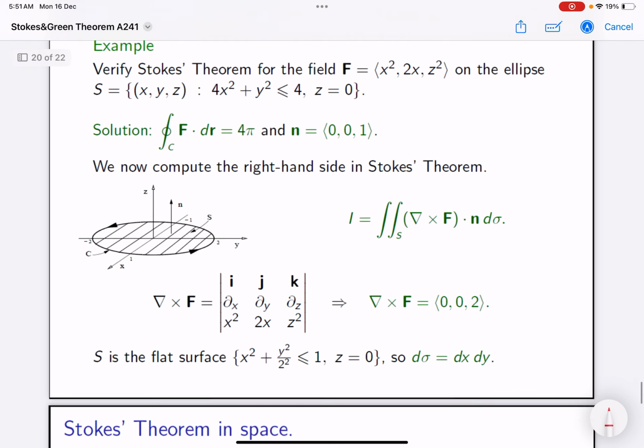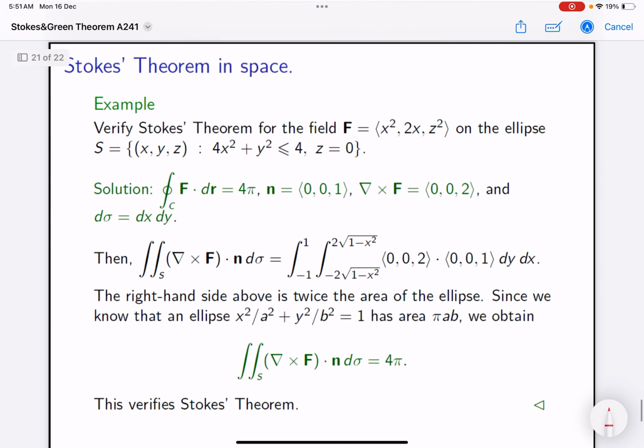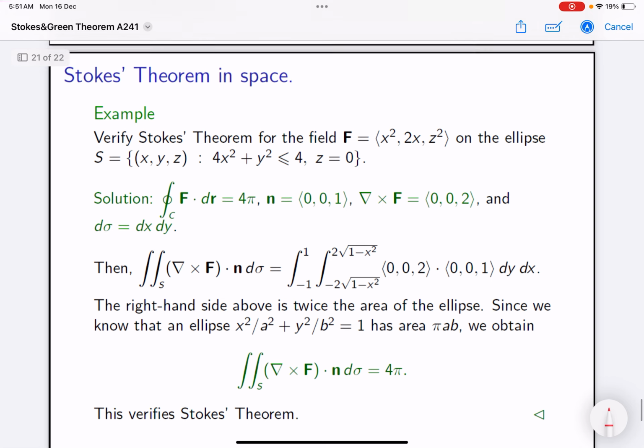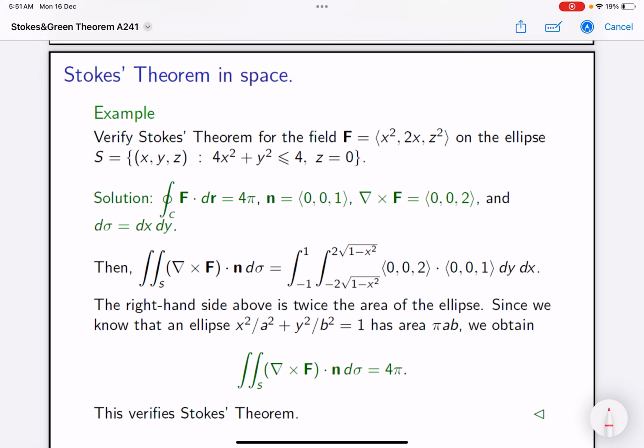Now the example shows how to use Stokes theorem. They give you the same answer, but here it uses the curl crossed with the vector n, which is the normal vector.